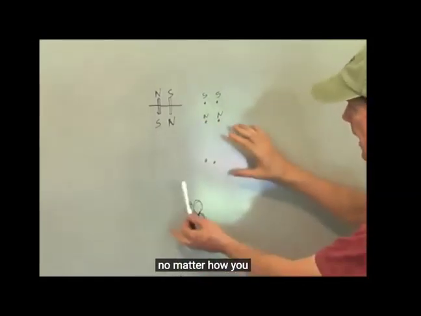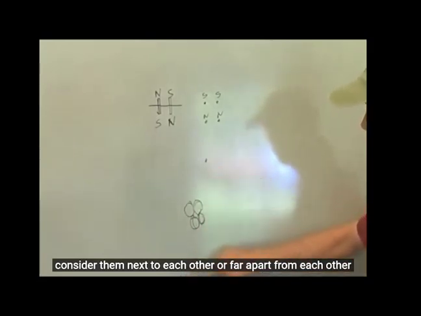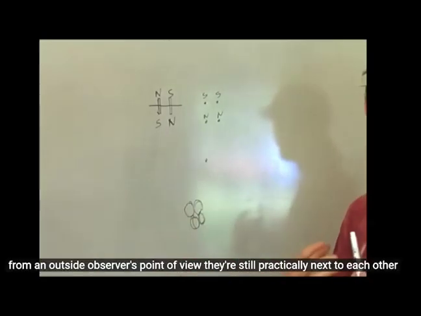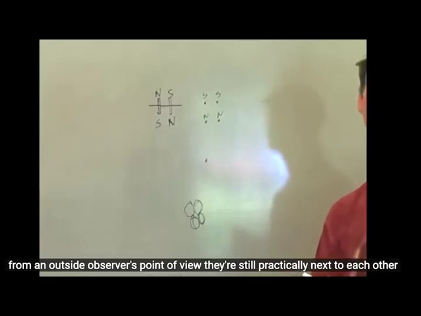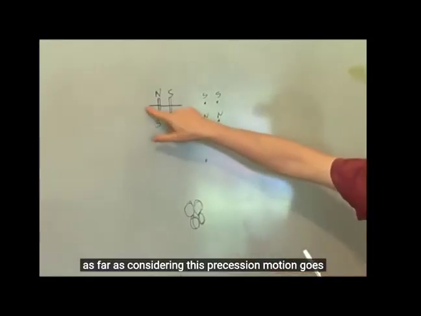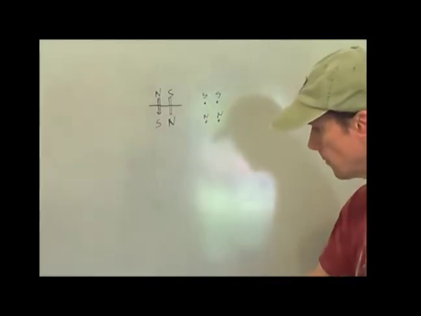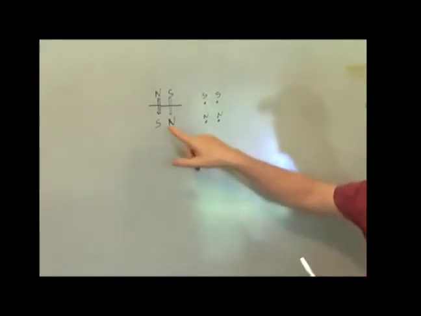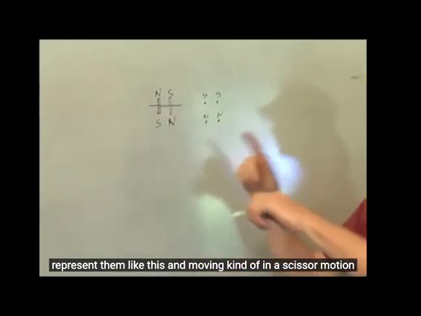So no matter how you consider them next to each other or far apart in their orbital motions, from an outside observer's point of view, they're still practically next to each other as far as this precessional motion goes. Hopefully you can understand why it's reasonable to say we can represent them like this, moving in a scissor motion.